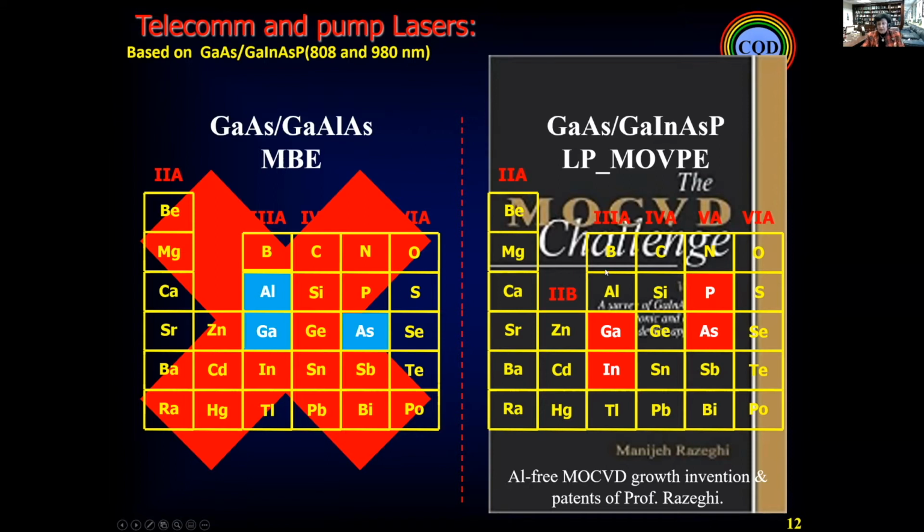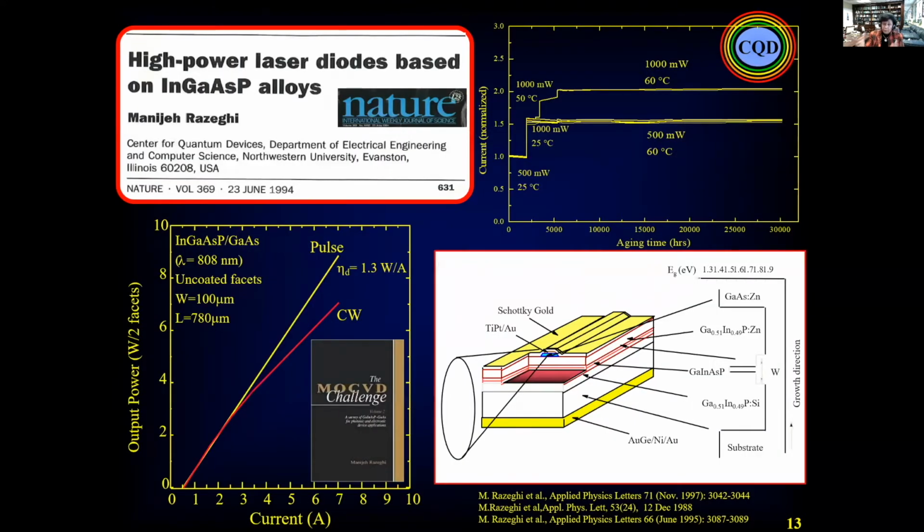We changed it to the quaternary aluminum-free with MOCVD, and we demonstrated that yes, that can revolutionize to have much higher power, much cheaper, much better performance, but it is not finished at this time. We need to use this material, again, for monolithic integration with silicon and with the different, again, active and passive devices. So that's the future.